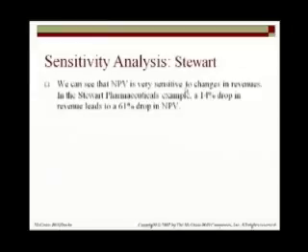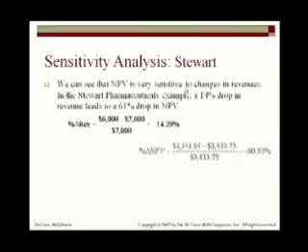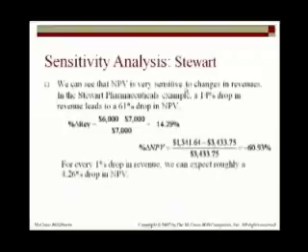So let's go back. Now, unfortunately, there's an error in the slide. The slide says that a 14% drop in revenue will lead to a 61% drop in net present value. But the same idea. We calculate the percent change in revenue, we calculate the percent change in net present value, and then we calculate a ratio, and the ratio that they came up with is 4.26. And I'm not so concerned about the numbers.